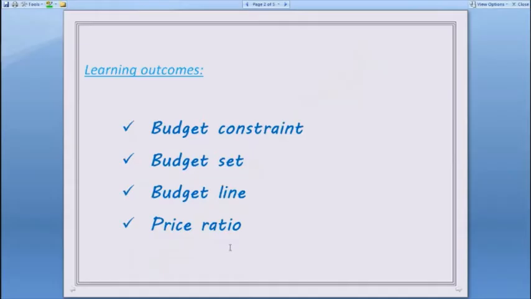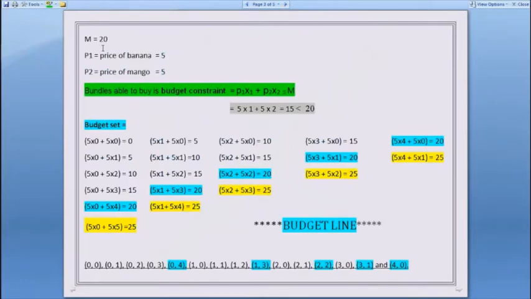Let's take an example. Suppose your income is 20 rupees. You have 20 rupees in your pocket. You go to the market and want to buy bananas, which are 5 per piece, and mangoes at the same price, 5.